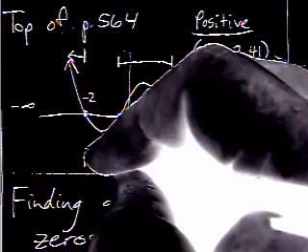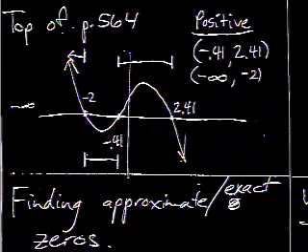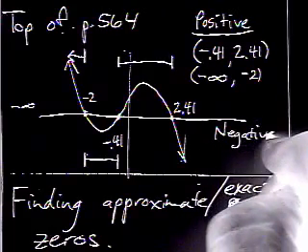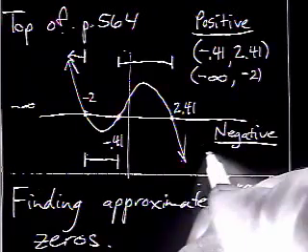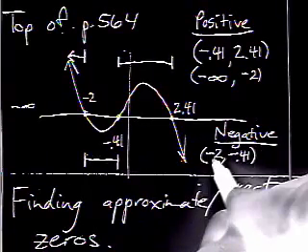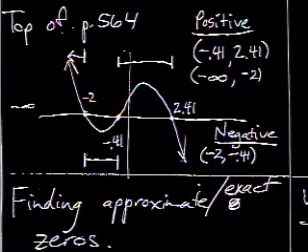Now, what happens between -2 and -0.414? Well, all those y values are negative. So that interval is -2, -0.41. Now you'll notice that I'm using parentheses and not brackets. Parentheses mean you cannot include the endpoints of the interval, because those endpoints would be zeros.